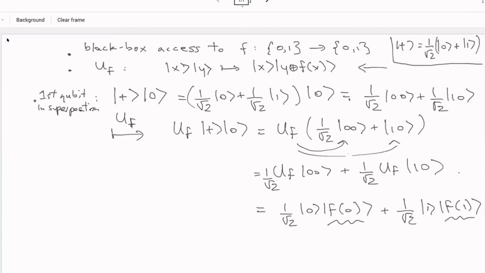So the second approach that we had seen instead was to put the second qubit in superposition.